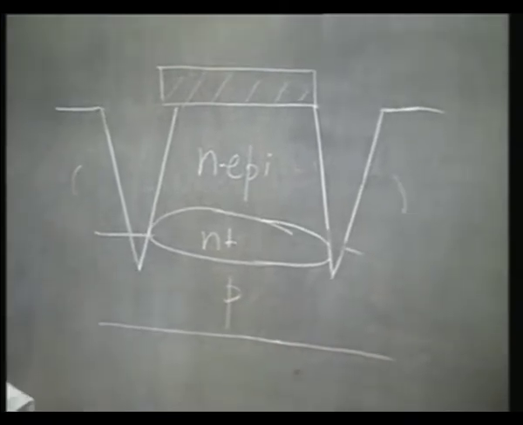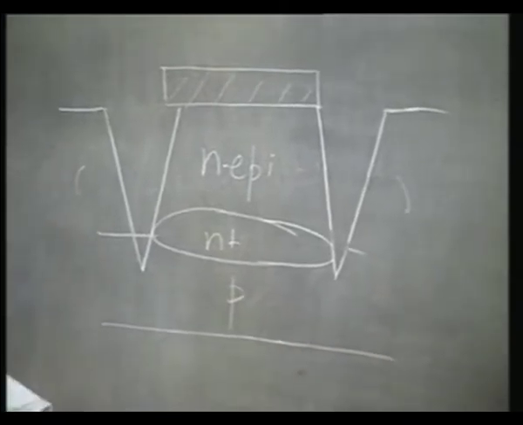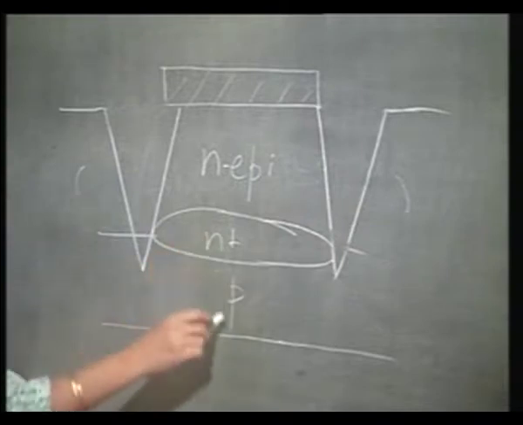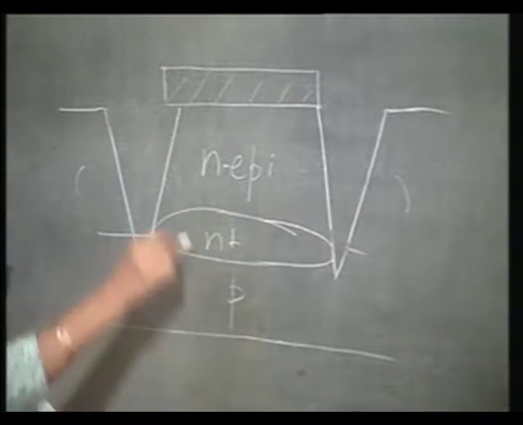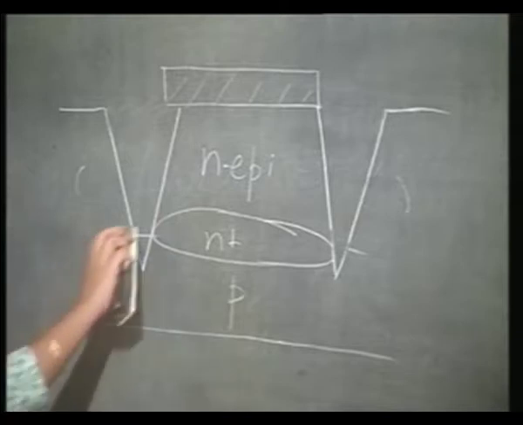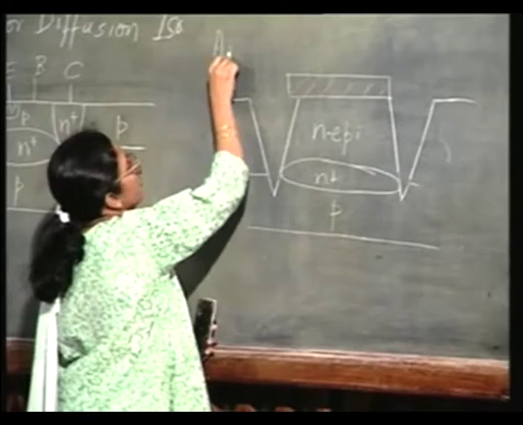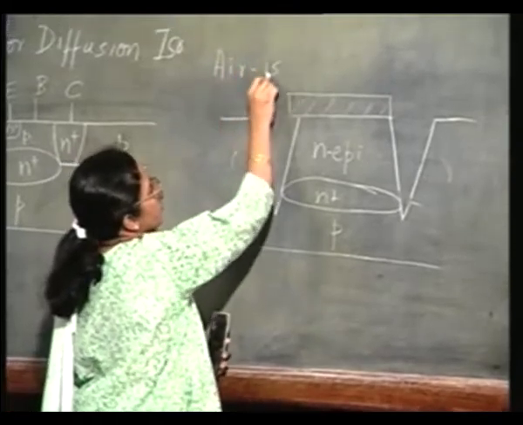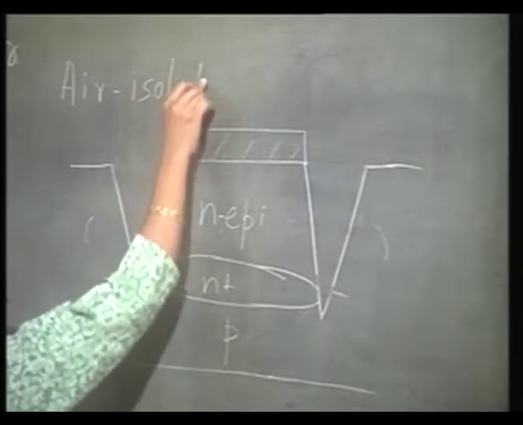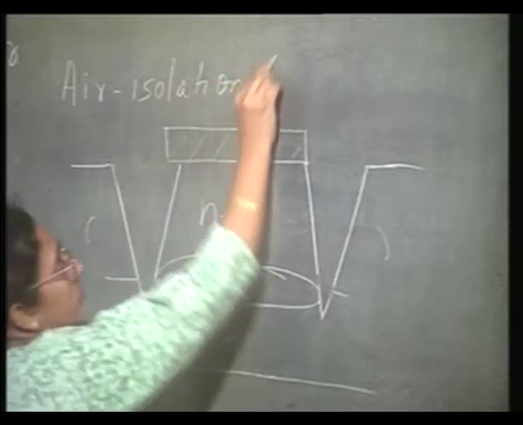There is no path for electrical conduction, right. This is N plus P, reverse bias N plus P, and there is no path for any current conduction. So, this is air isolation, also called a V groove technology.